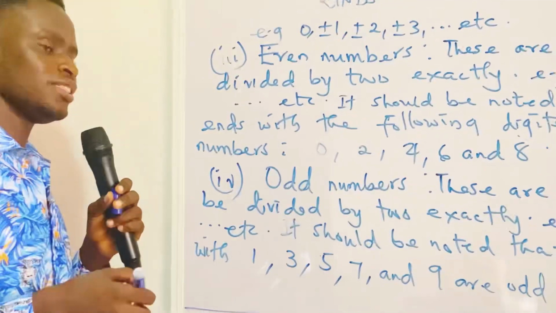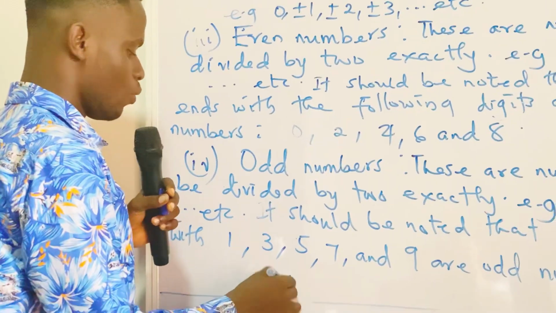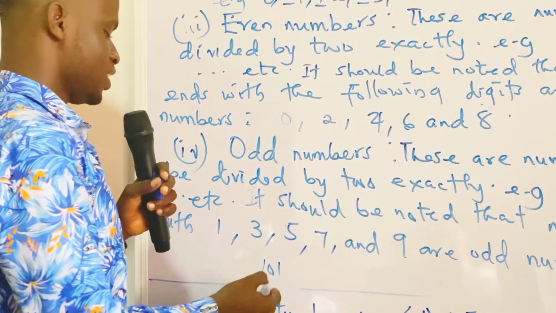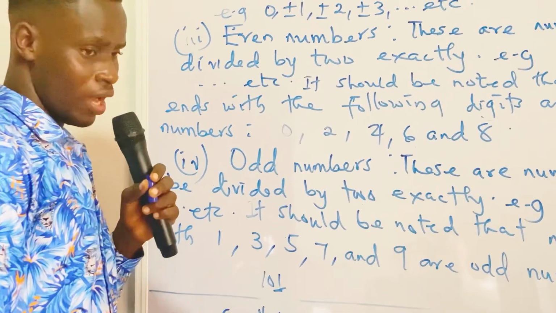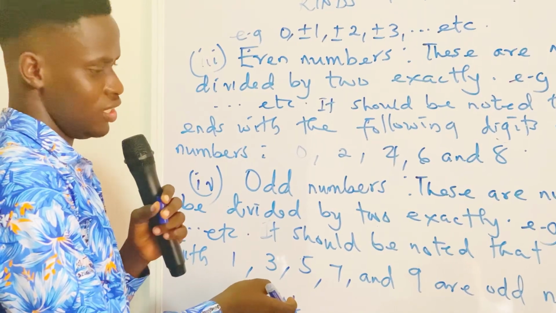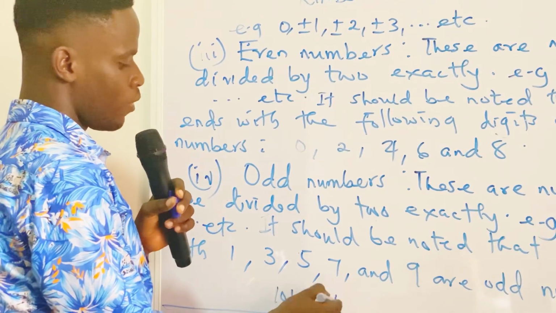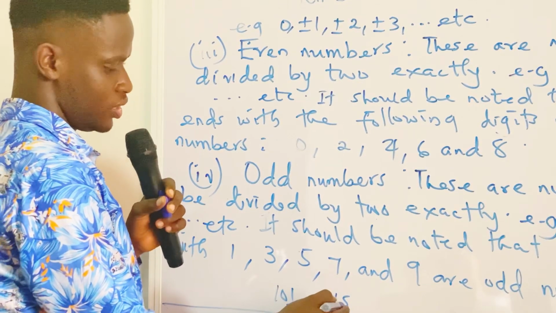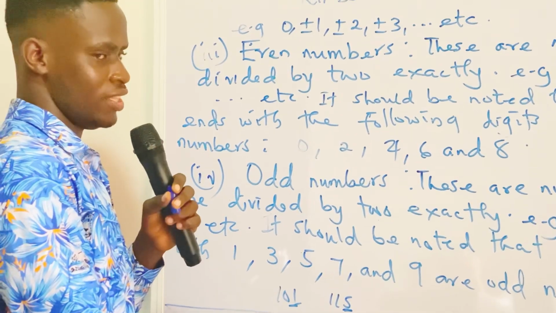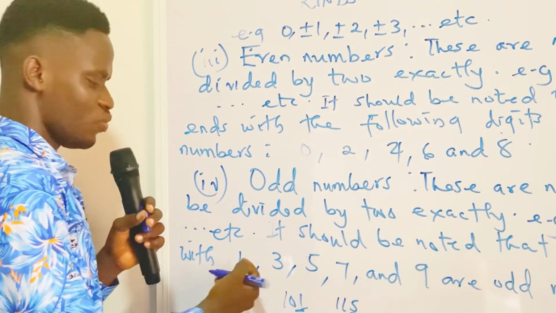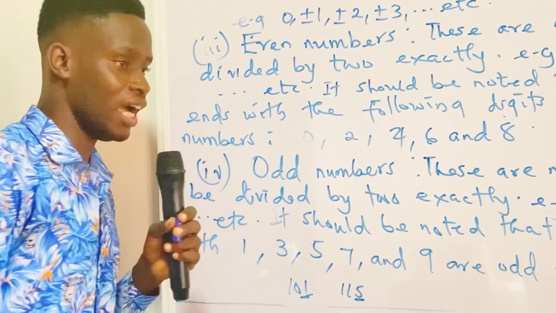So if I give you larger numbers like 101, you should know since it ends with 1 it is an odd number and 2 cannot divide it exactly. If I write 115, since it ends with 5, you should know 2 cannot divide it exactly. So numbers that end with 1, 3, 5, 7, and 9 are always odd numbers.